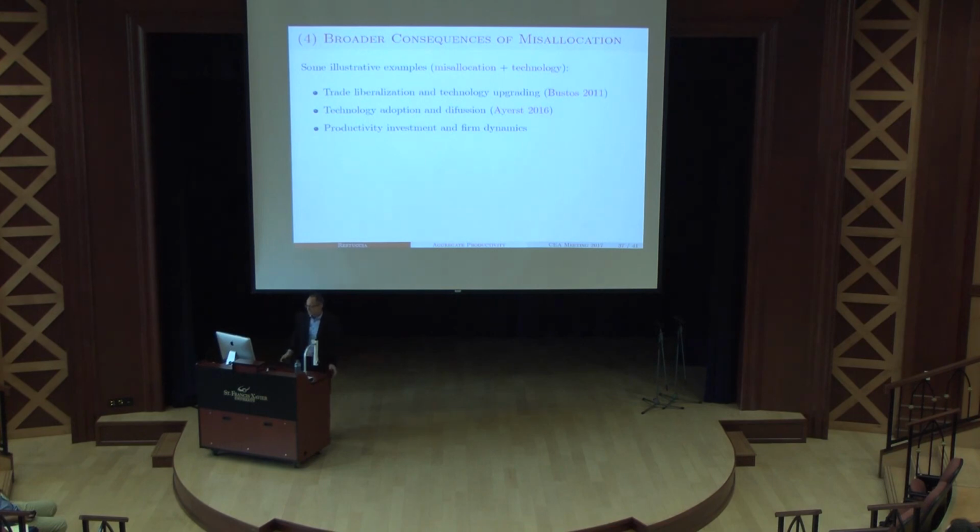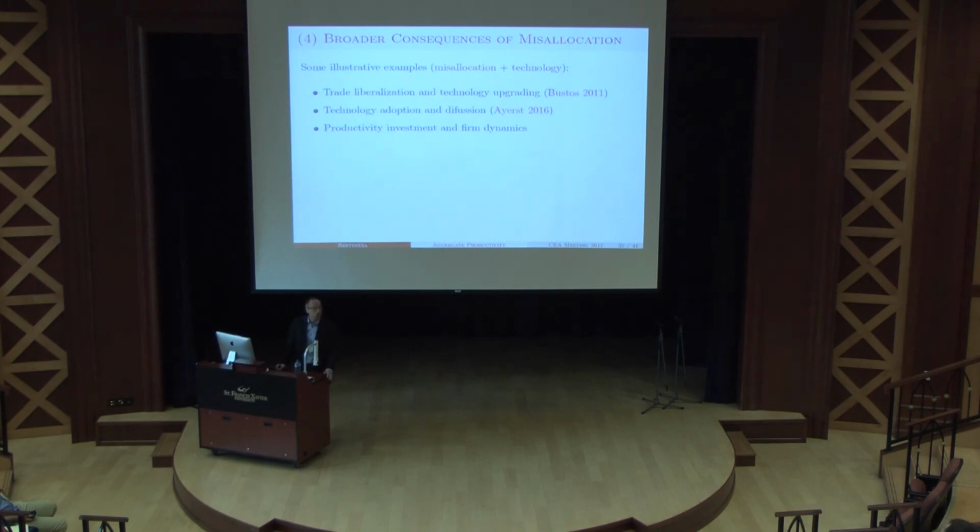There's a very nice paper by Stephen Earst. He's a graduate student in Toronto, and he will be on the market next year, so you should watch out for him. But he wrote a very beautiful paper where he connects misallocation to standard models of technology adoption. So he took the classical model of Parente and Prescott of barriers to technology adoption, but he expanded it to allow for production heterogeneity and to bring in all the micro data that we have to discipline these restrictions.